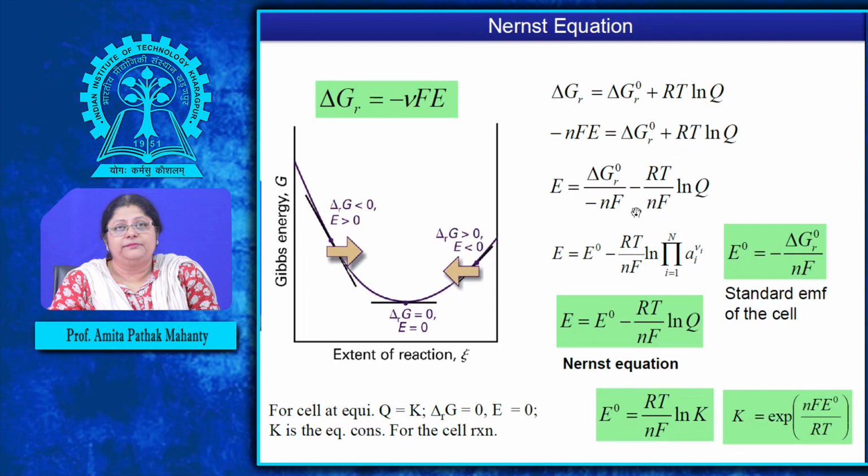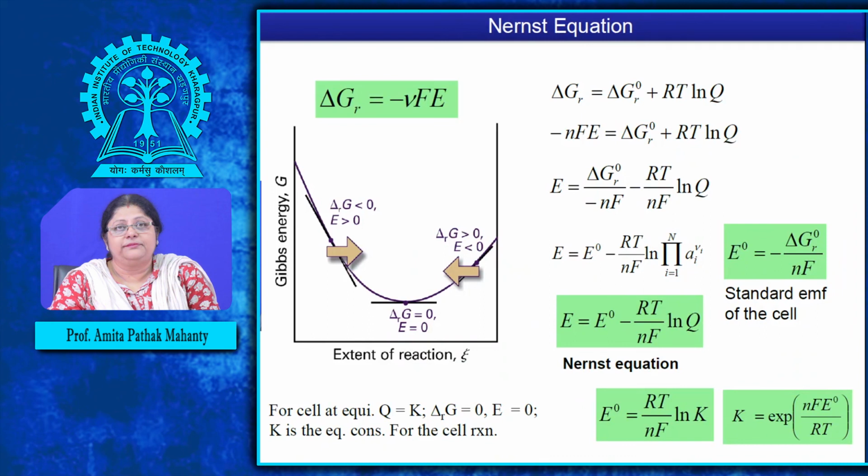I get an expression which is delta G naught by nu F, where nu is the number of electrons. And this we define as the standard EMF. So you can understand what the standard EMF is related to. The standard EMF of a cell is nothing but the standard reaction Gibbs free energy divided by the number of electrons involved in the reaction and the Faraday constant.